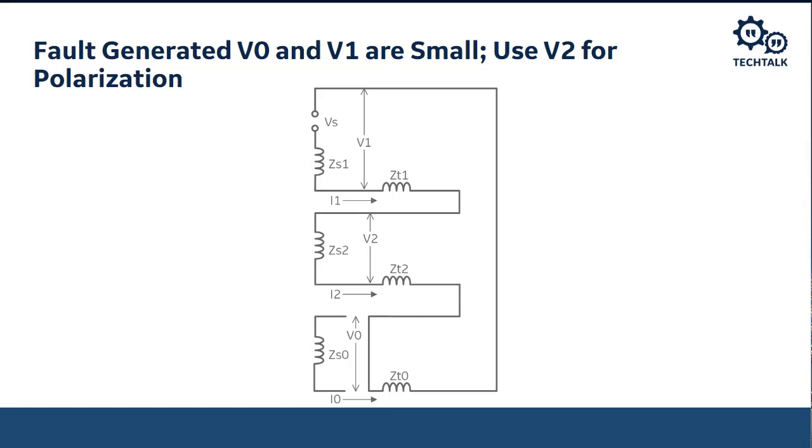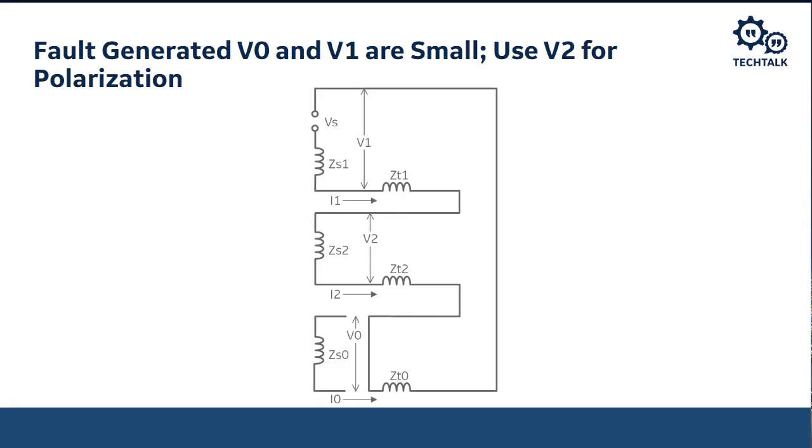So the voltage that we see at V2 there is actually equal to the negative sequence current times that source negative sequence impedance, because that's basically the voltage rise across that negative sequence network. That means where we connect between the negative sequence network and the zero sequence network is at the fault location.